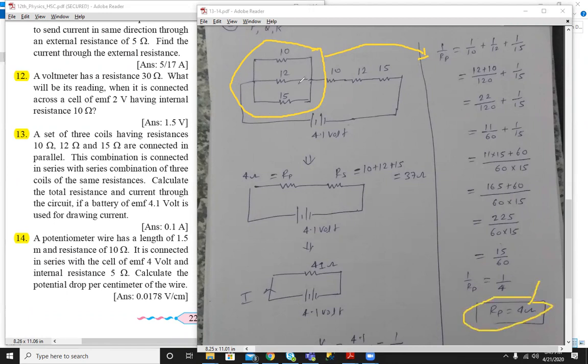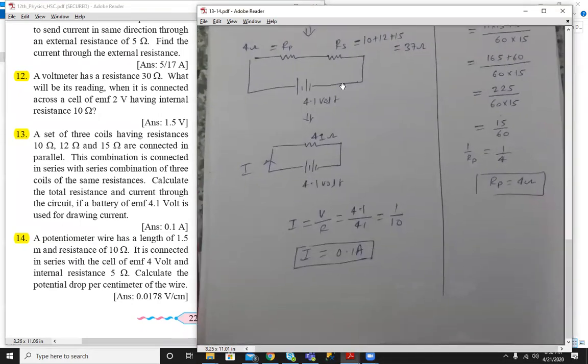So I replace this part as RP, 4 ohm, and these three resistances are in series. In series combination, we just add the resistances. We are getting 37. Then these two equivalents are in series, and again just add 4 ohm and this 37 ohm. What will you get? 41 ohm. So the voltage is 4.1 volt.